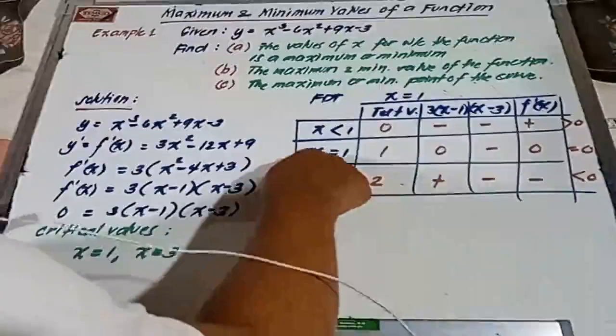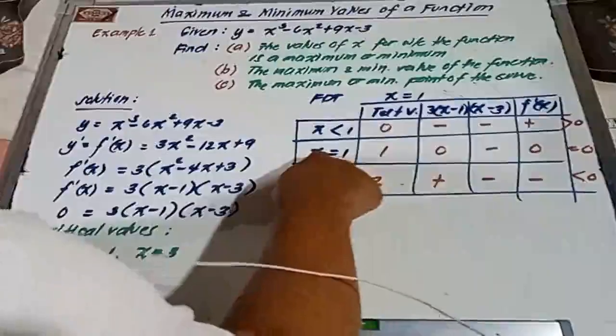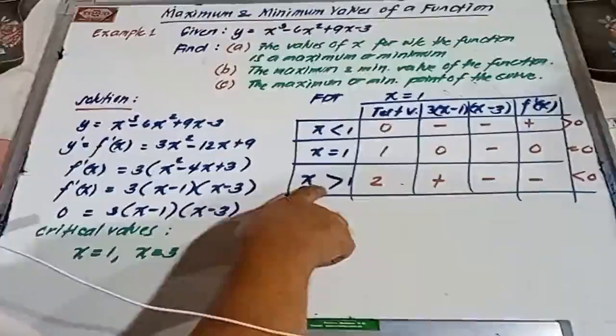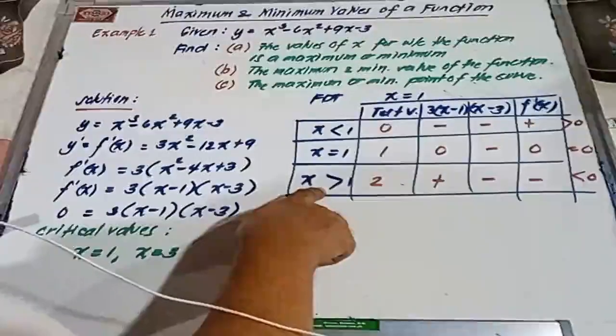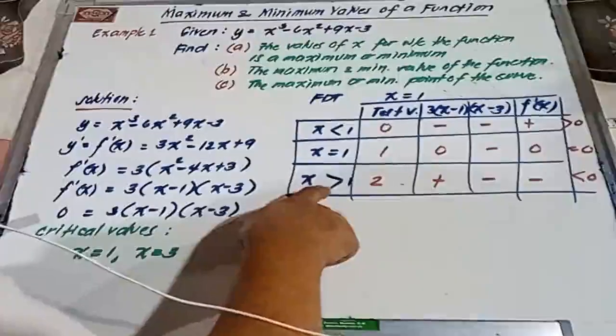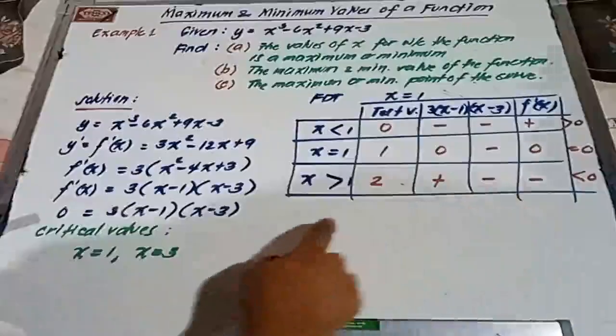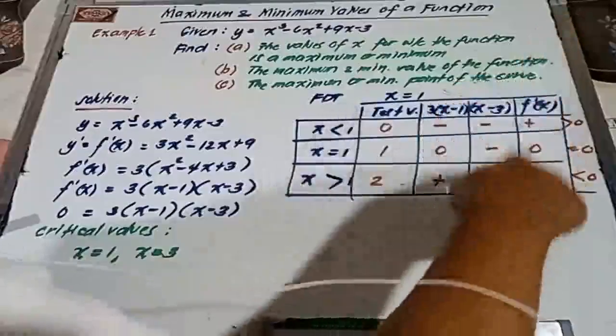And then at x equals 1, 0. Ibig sabihin, critical value talaga siya. And if x is greater than 1, let's say x equals 2 ang ating test value, ang ating first derivative is negative. So positive, 0, negative.